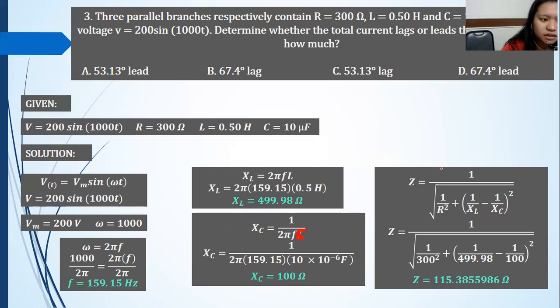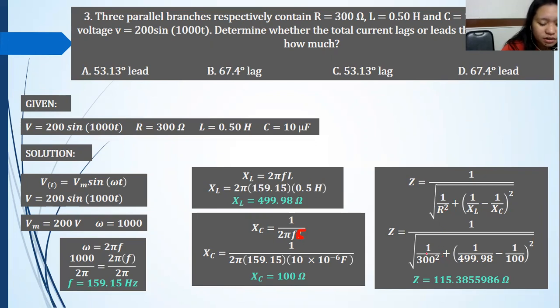To get the value for our impedance, we have here the formula 1 over the square root of (1 over R) squared plus the quantity (1 over XL minus 1 over XC) squared. Since we already have the values, we will substitute.